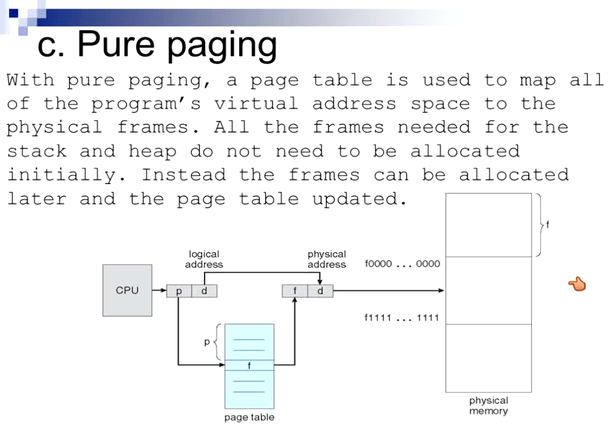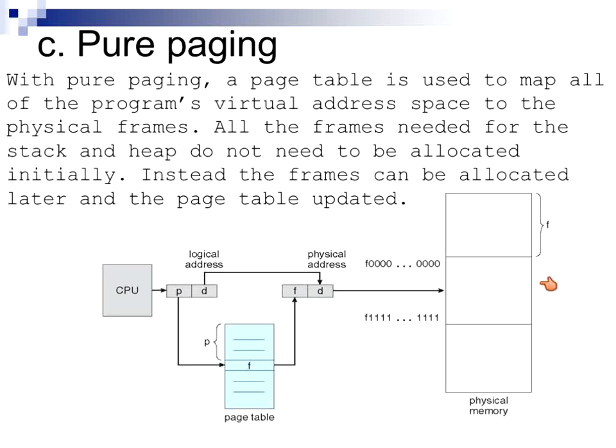All the frames that are needed for the heap and stack are not necessarily going to be allocated initially. Instead, we can just allocate those entries in the page table for however big we're going to let the heap and the stack grow. And then as it grows, that's when it would go out and try to find an available frame in physical memory.